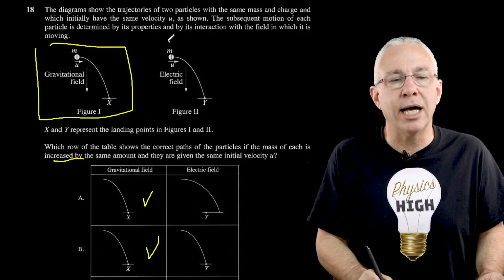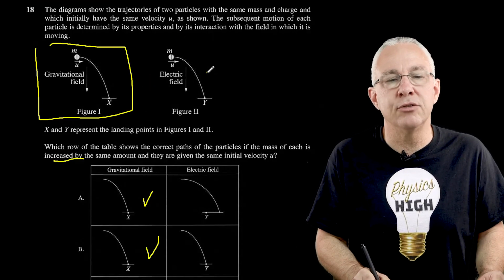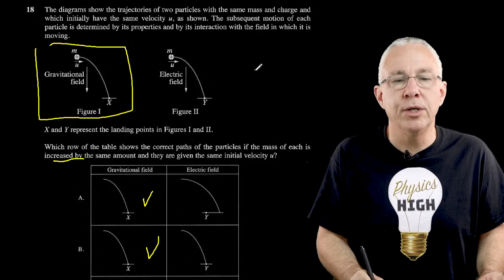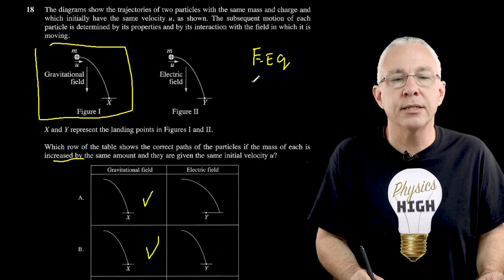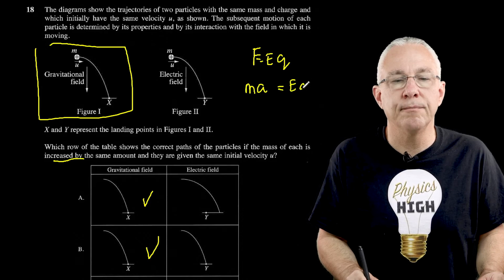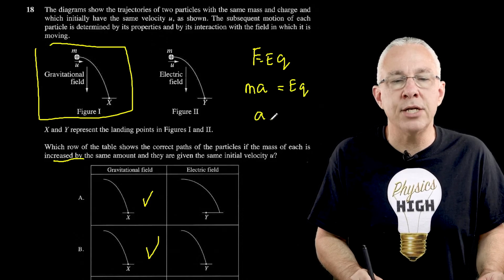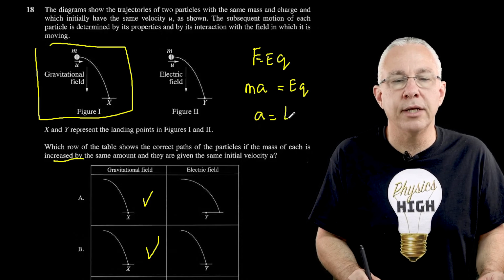But now let's look at the mass change in terms of an electric field. We know that the force that this charge experiences is equal to EQ. But the mass multiplied by the acceleration is equal to EQ. That means its acceleration is actually dependent on the electric field strength, the charge, and the mass.